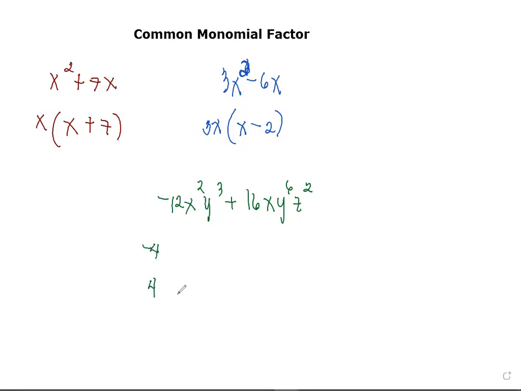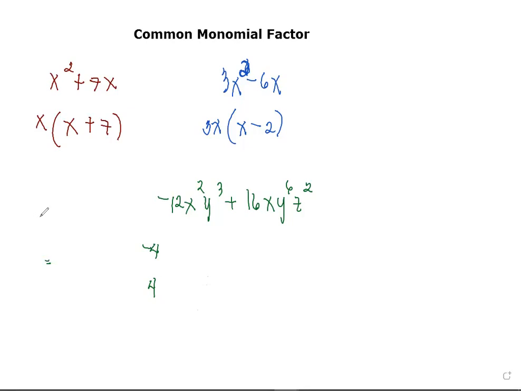But I prefer to take the negative factor, kasi this is negative 12 naman, since we are getting the GCF of two numbers having unlike signs. So negative 4 or positive 4, same answer lang po yan kapag sinimplify natin.